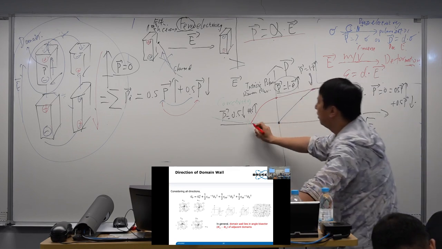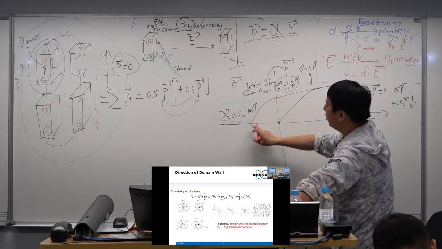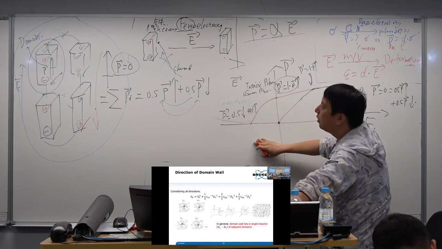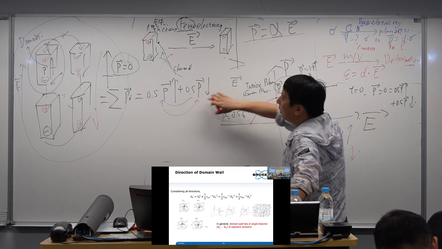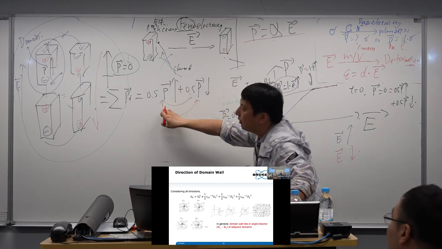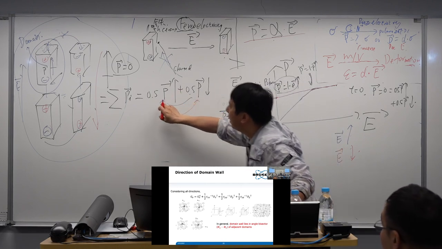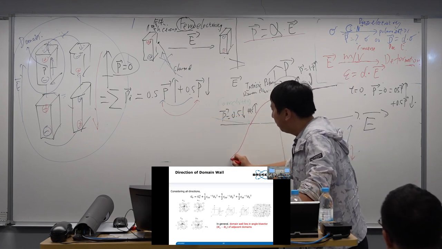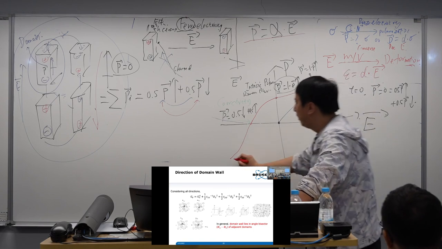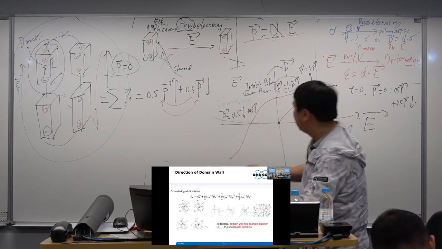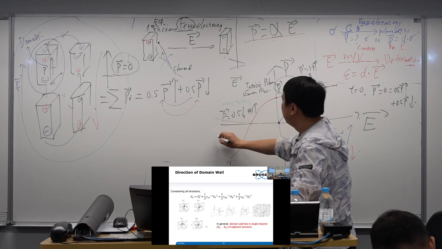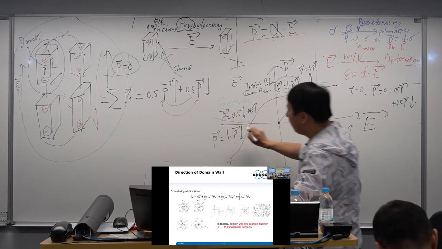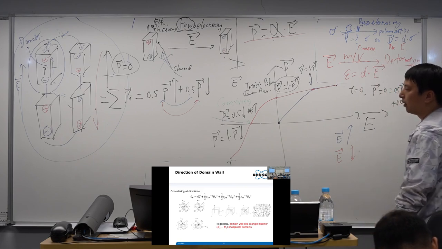Okay, keep going. And after this point, we keep going. We keep reducing the electric field. So we will change all the remaining facing up to facing down, until at this point, the polarization equals to 100% facing down.